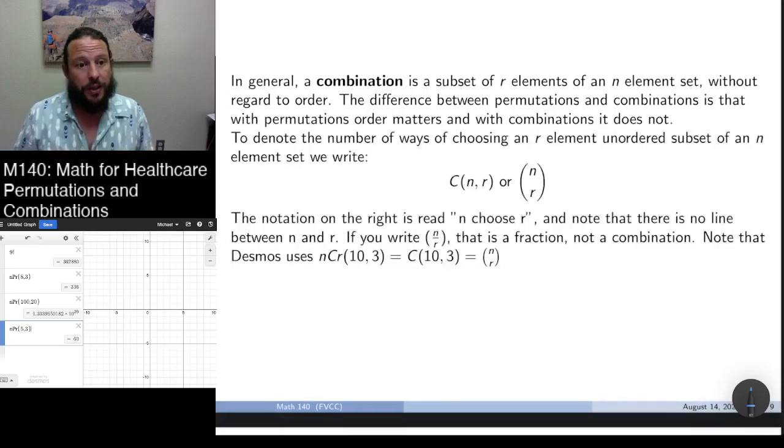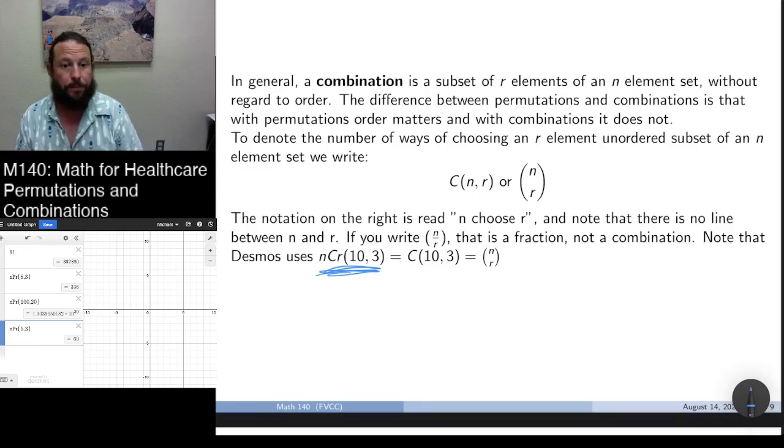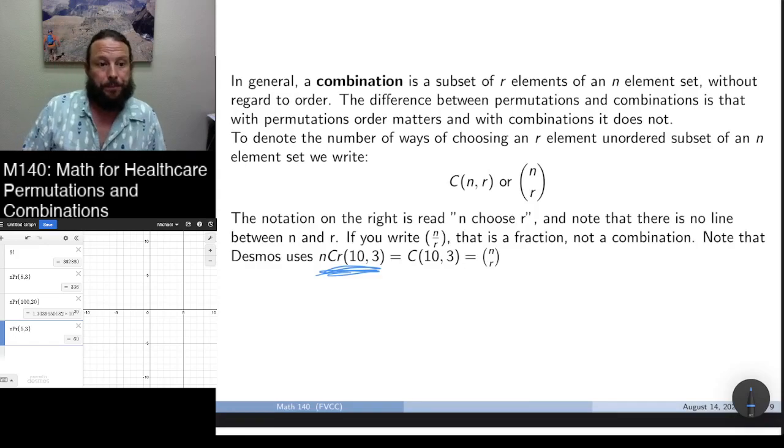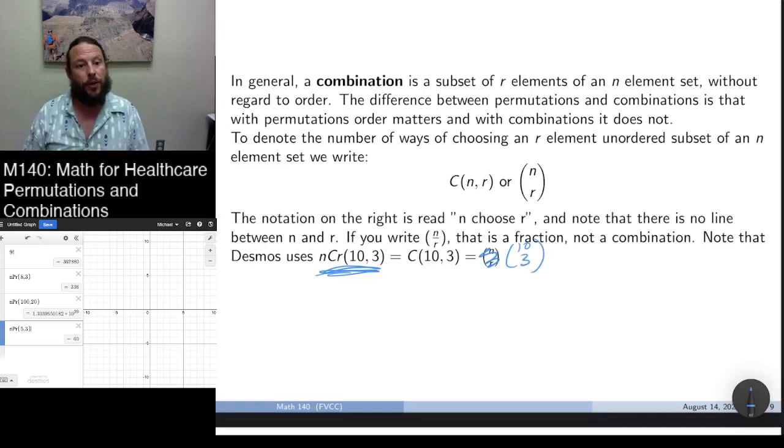The way we notate this is n choose R, whichever way you write it is okay. And I should note that for Desmos, they put n, capital C, R, and then 10, comma, 3 for 10 choose 3, right? Now, I'm giving you a specific one here, 10 choose 3. So we're going to use our calculators for this too.